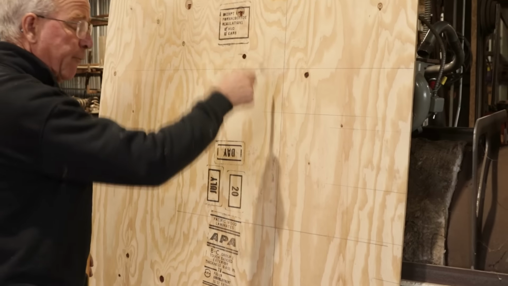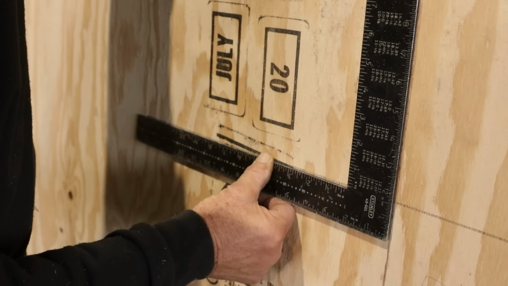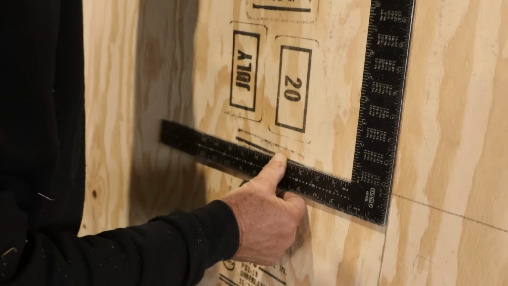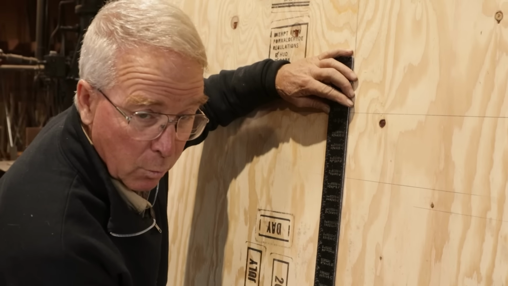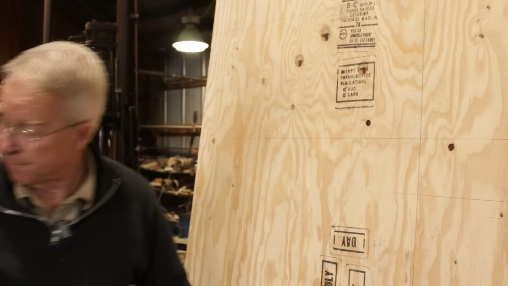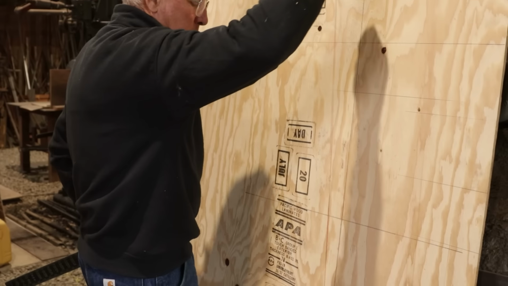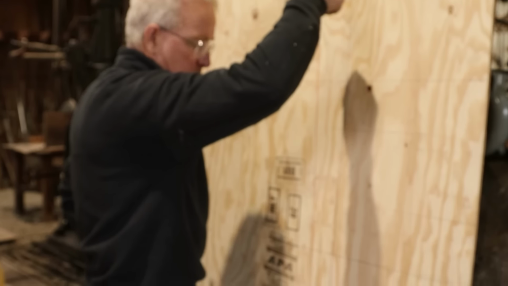Level off of plumb is square. Let's check it. And there we are. Level off of plumb is square. Square off of plumb is level. Square off of level is plumb. These things are all interchangeable, and if you don't have a level, a plumb bob will give it to you.